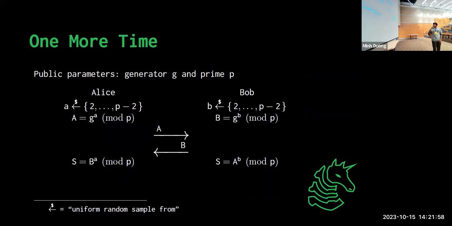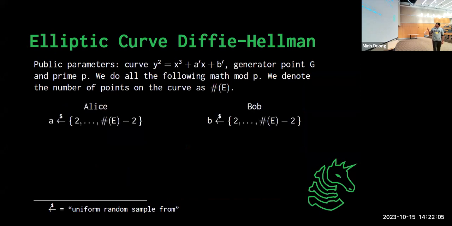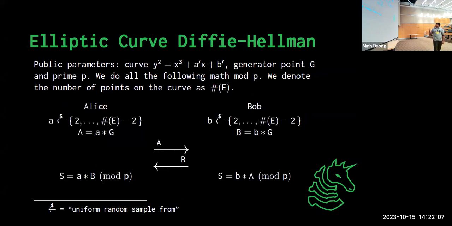So this is kind of a rehash of what Diffie-Hellman was from a few slides ago. The elliptic curve Diffie-Hellman is mostly the same thing, except now we just focus on multiplication within that space. And since we're able to do doubling really well and addition really well, we can compute big A really fast.